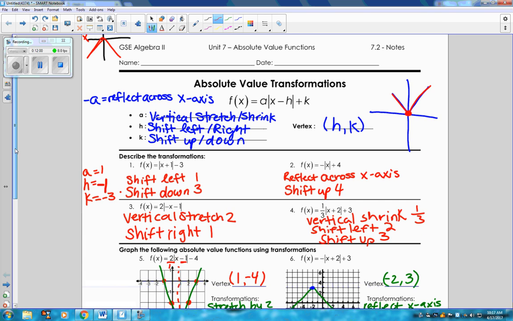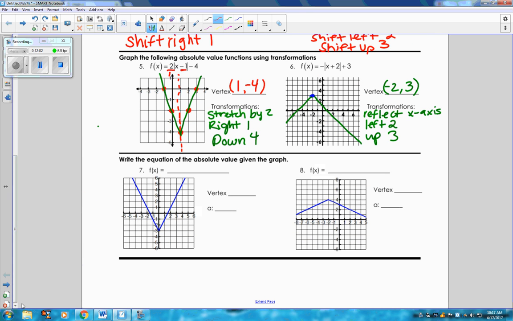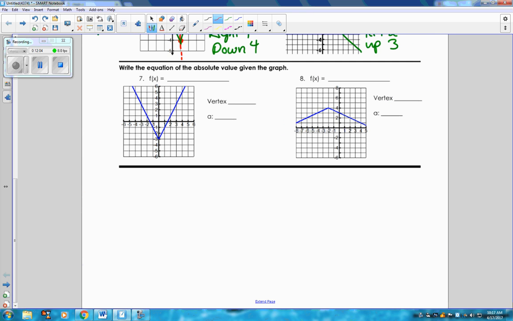Okay. The next set of problems we're given the graph and we're asked to find the function and the vertex. The easiest thing to list is the vertex. What's my vertex? 0, -3. A is my slope. What's my slope? 2.